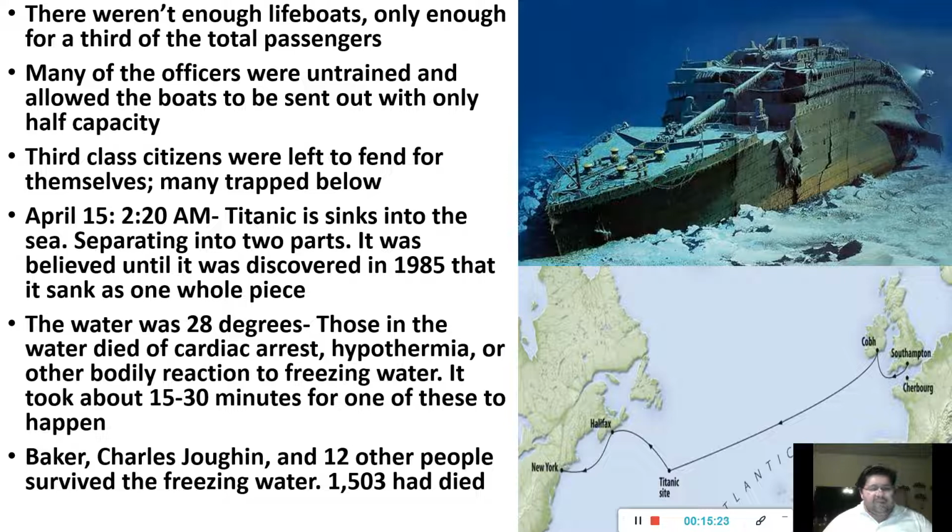Here's another sad thing that's not really acknowledged and talked about too much. The third class citizens, the people at the very bottom, some of them were left to fend for themselves. Some of the crew members of the ship closed the gates so that the first class and second class people could get on the boats first, and then it'd be their turn.